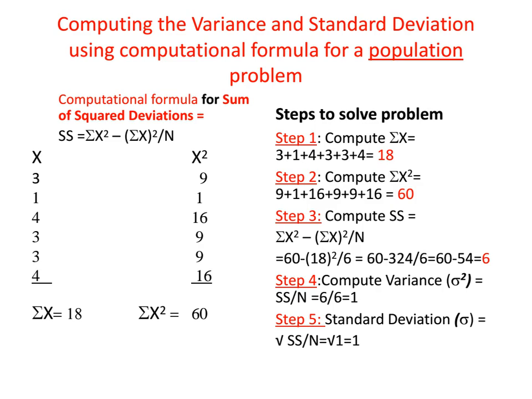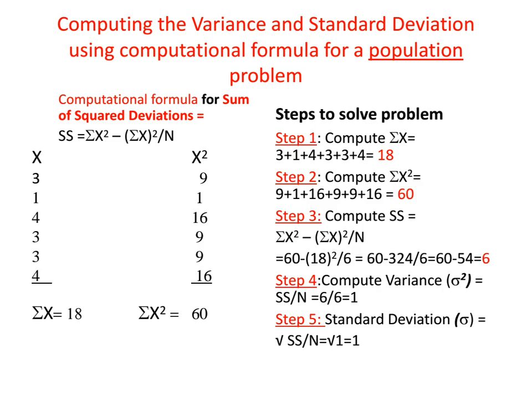Now the third step is to compute the sum of the square deviations using the following equation. We have the sum of the X squares, minus the sum of X, in parentheses, squared, divided by n. Remember, n is just the total number of scores.